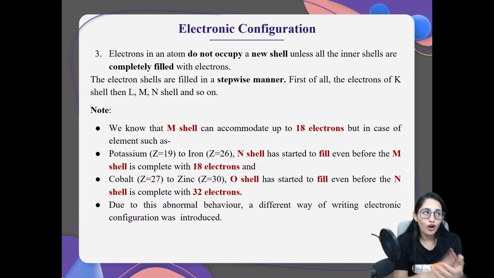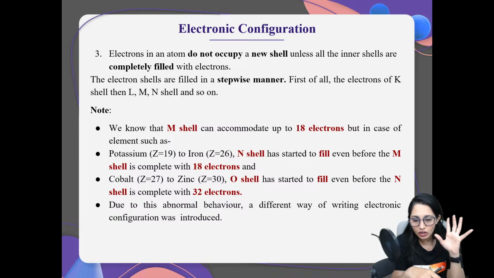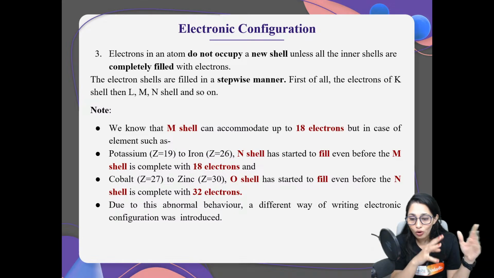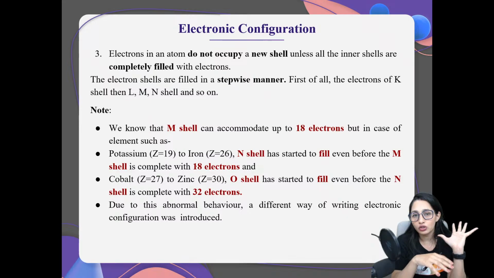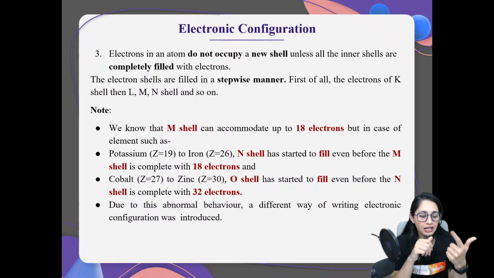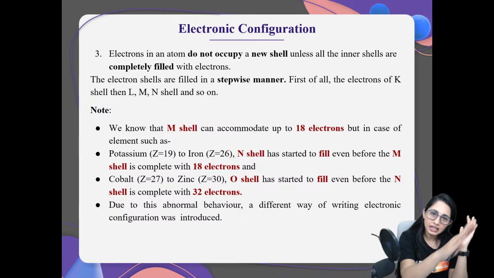So there are always exceptions. It's about the stability of the respective element. Similarly, in cobalt and zinc, the O shell has started to fill even before the N shell is complete with 32 electrons. So K, L, M, N, O, and the list goes on.